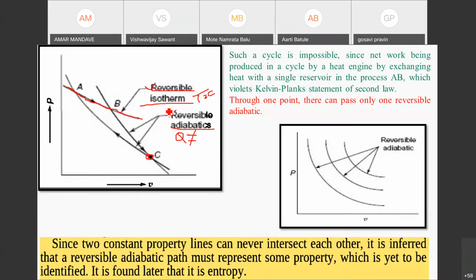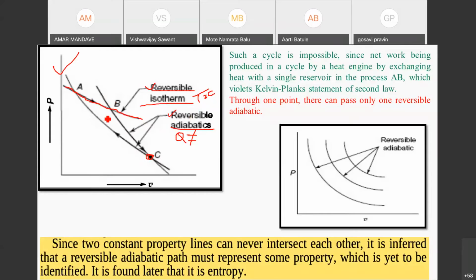That is called a reversible isotherm, or a constant temperature line. Now we draw this particular cycle, which becomes a closed path, and all the processes are reversible. That's why this total cycle is a reversible thermodynamic cycle.